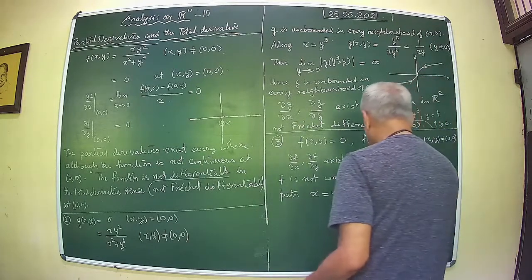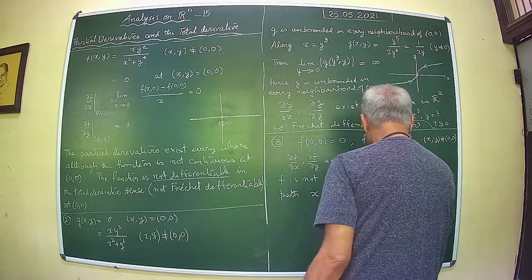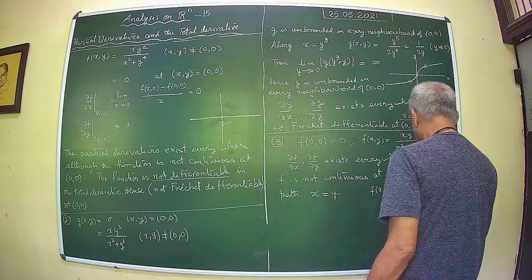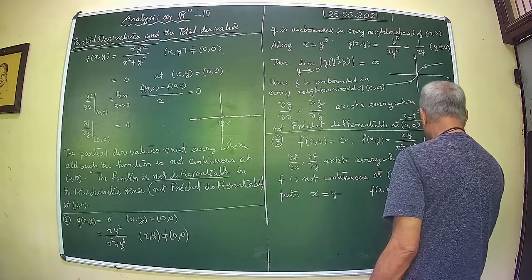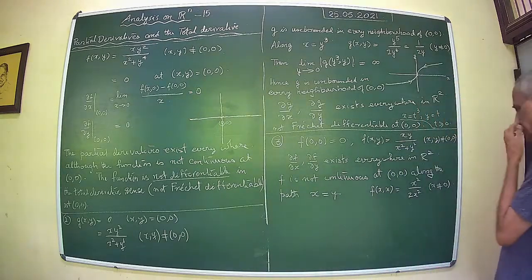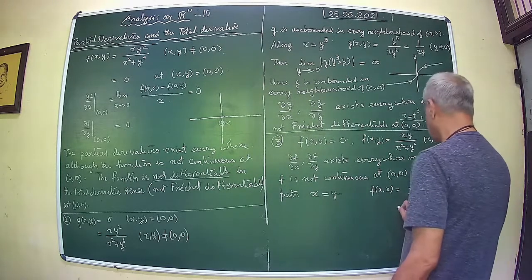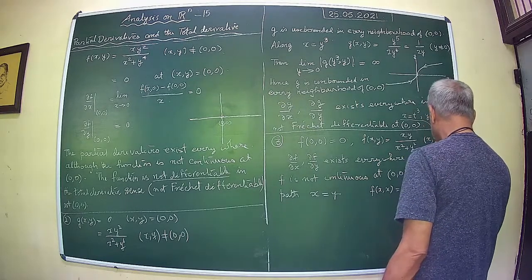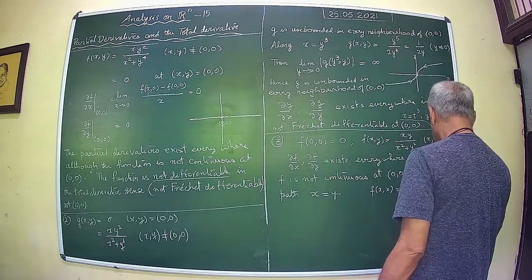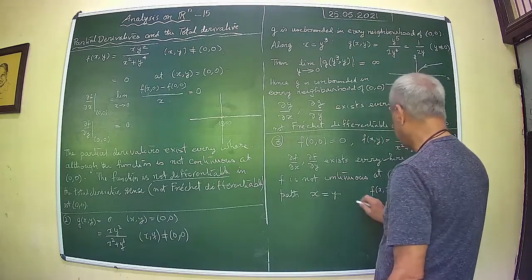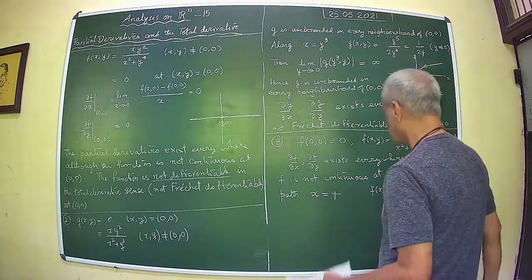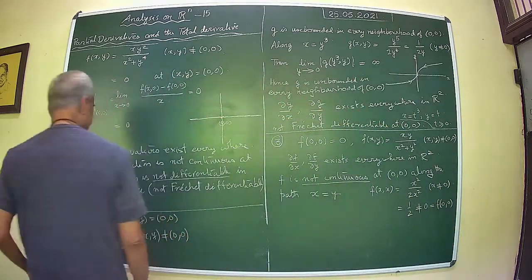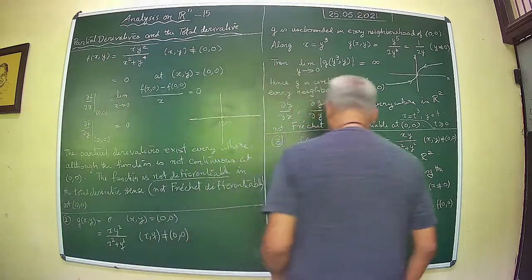And in fact, you see that f of (x, x) is not equal to 0. And it is not equal to 0. Therefore, f is not continuous along this path. Therefore, once again, this function is not Frechet differentiable at 0.